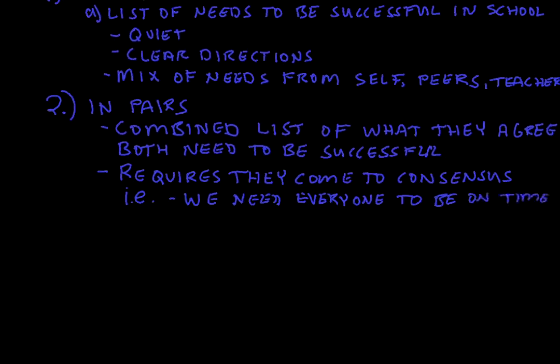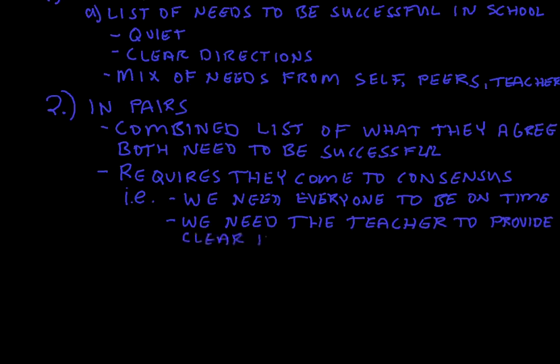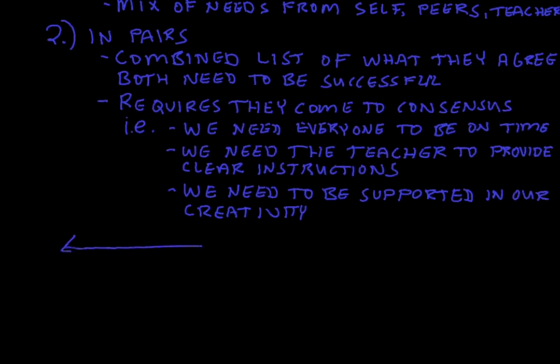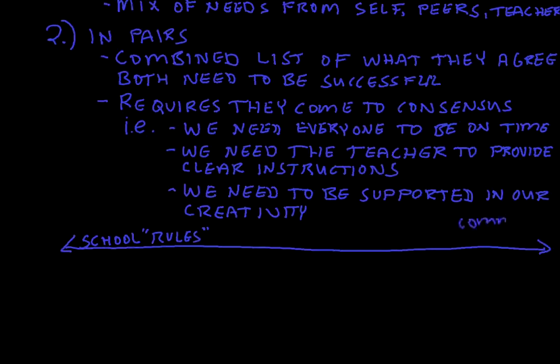We need the teacher to provide clear instructions. We need everyone to be quiet during quiet reading time. We need to be supported in our creativity. I've had students say things like that too. So it goes from the very mundane school rule type things to more philosophical, cultural type of descriptions that come out of that.